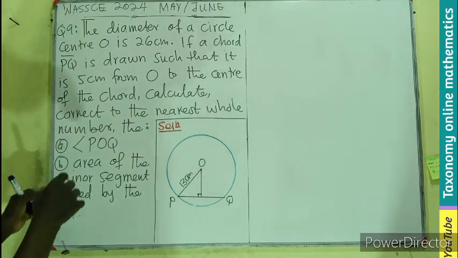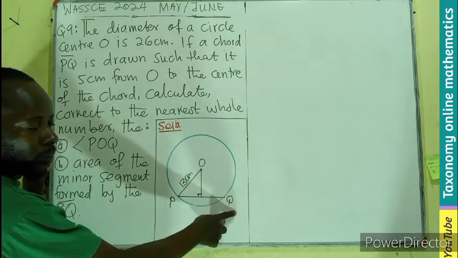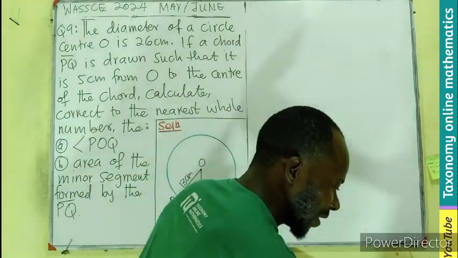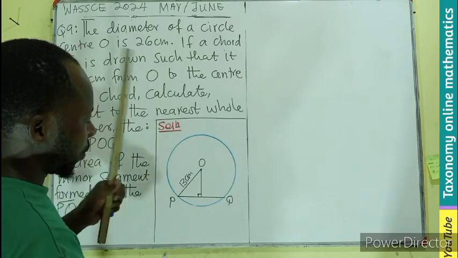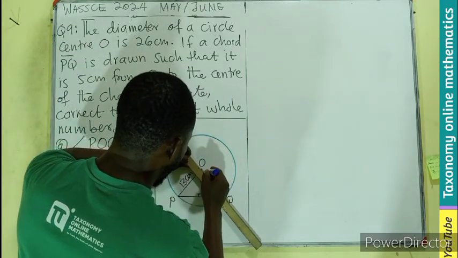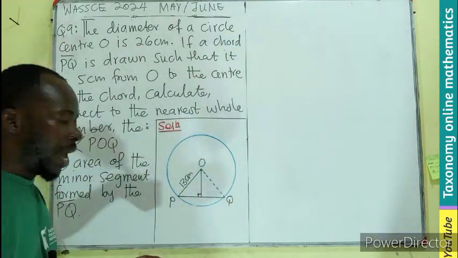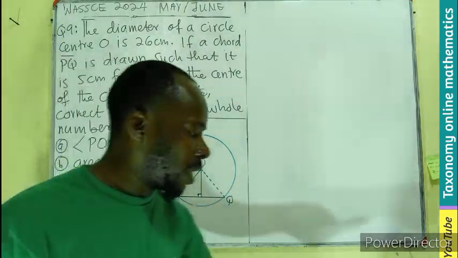Now, the first question is to calculate the angle POQ, meaning if we extend this line out there, that line is also a radius.